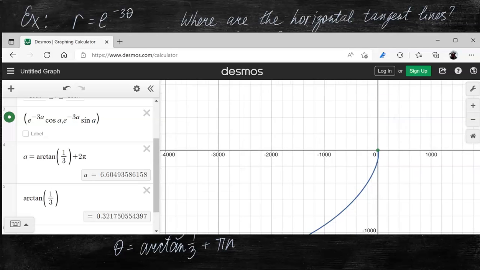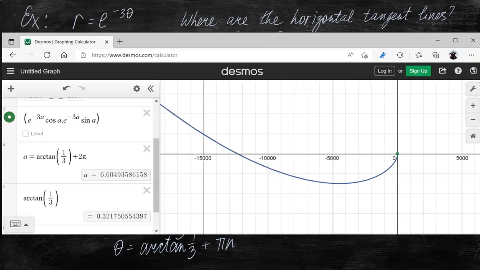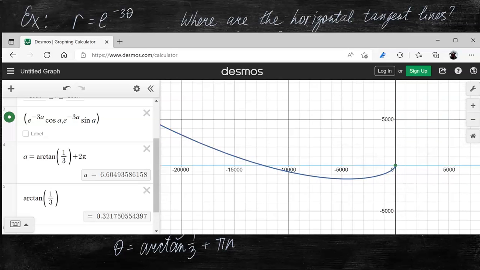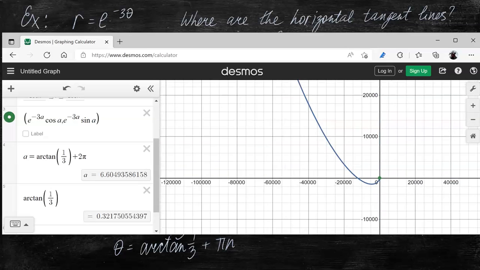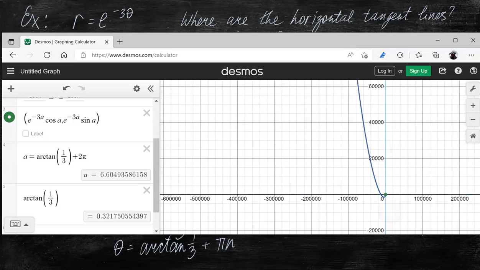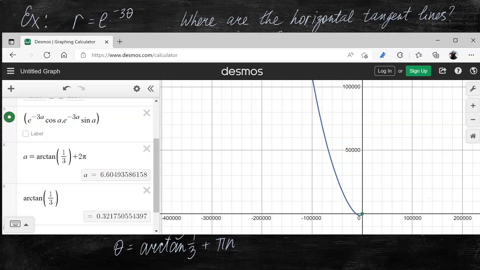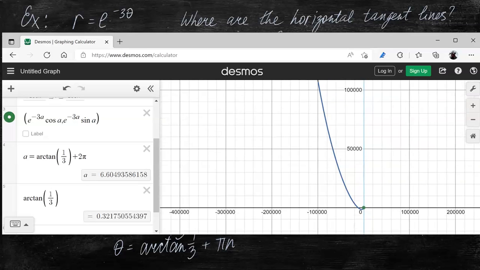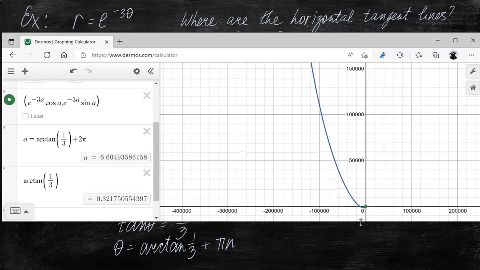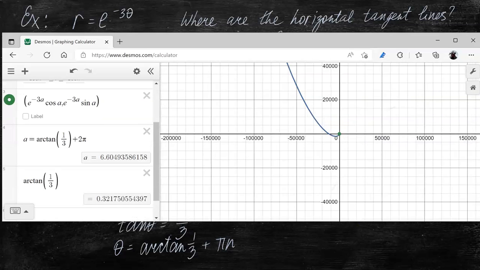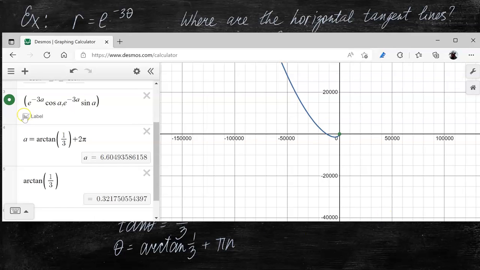Oh my god. I guess it keeps spiraling inward and outward, which is pretty interesting behavior. Anyway, this is how we do derivatives in polar coordinates.